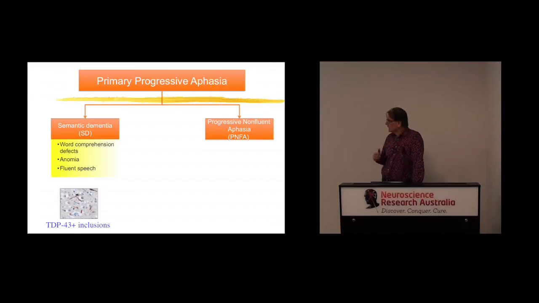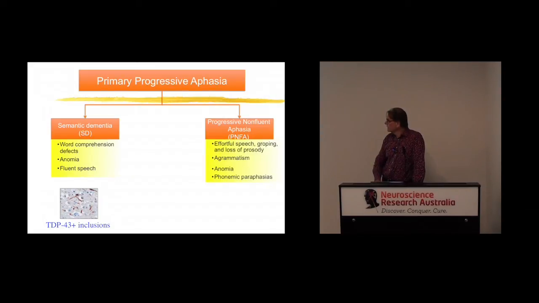These patients, as we've learned in the last few years, rarely have a positive family history, they don't show gene defects, and they have a specific underlying pattern of TDP. So it's a rather unique disorder in the way that it presents and the underlying pathology.